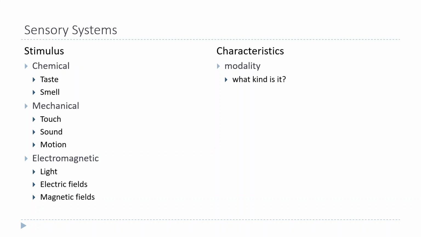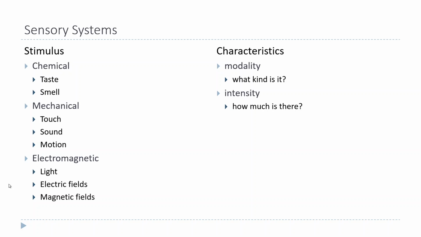So again, each receptor and each sensory system is able to detect and interpret usually just one type of sensory stimulus. The next piece of information that you would want to know about a sensory stimulus is its intensity, which basically just means how strong the stimulus is. Now, that depends on the modality. So in the case of a chemical stimulus, for example, the intensity really is just the concentration, how much of that chemical is present.